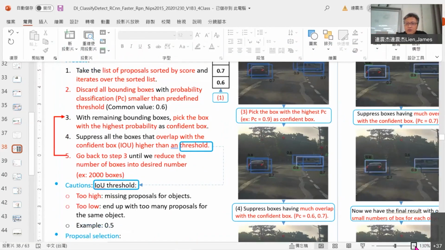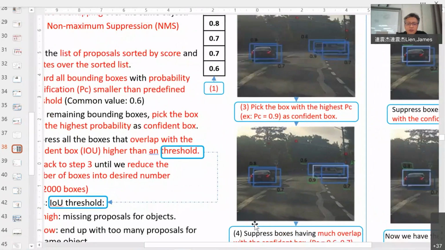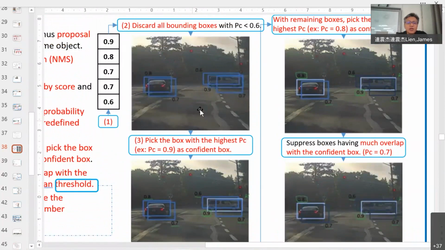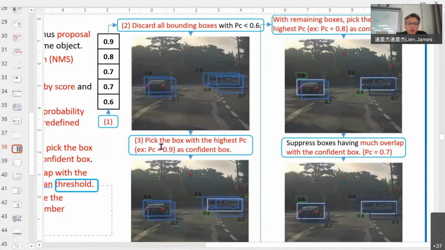I zoom in more. So we pick out the 0.9. Here we find 0.9 is here. We select this bounding box and pick it up. We pick up the box with the highest confidence value.